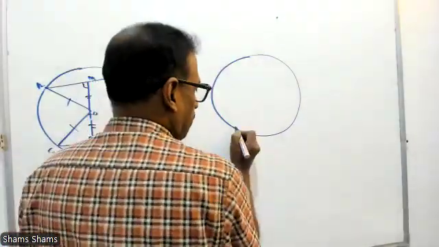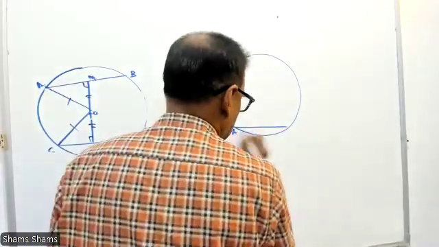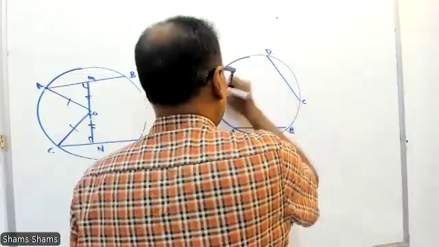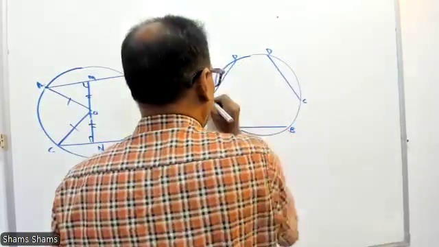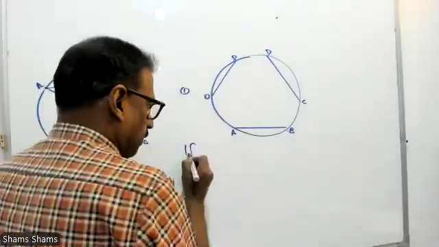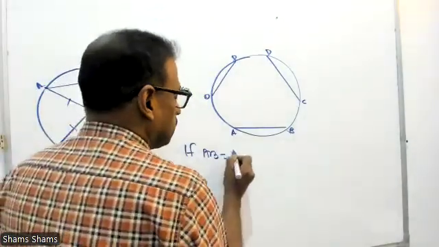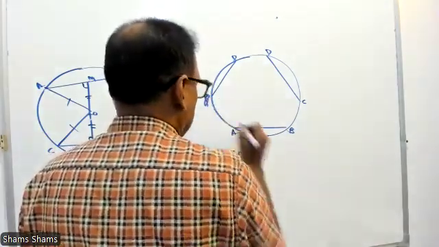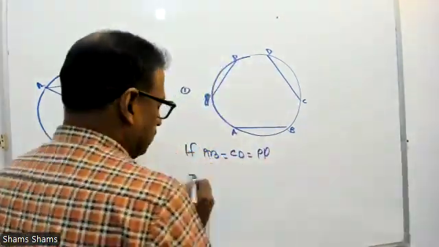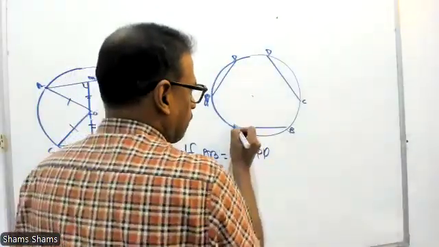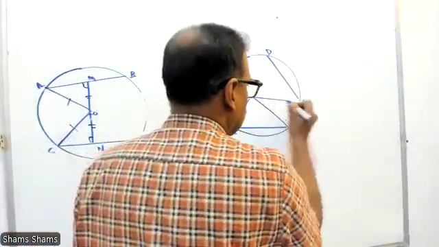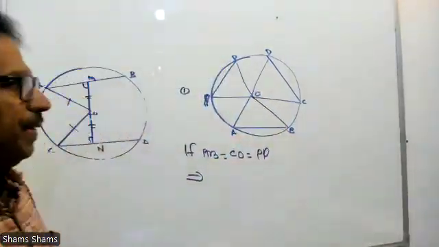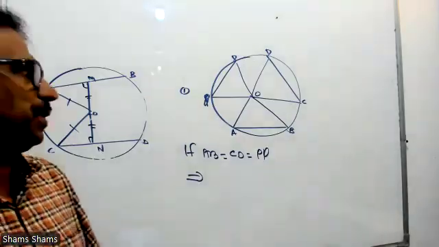First theorem: if AB, CD, and PQ are all equal, if AB equals CD equals PQ, that means with the center here, angle AOB equals angle COD equals angle POQ.